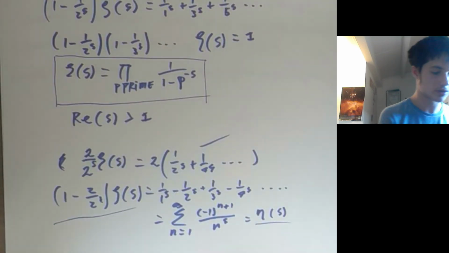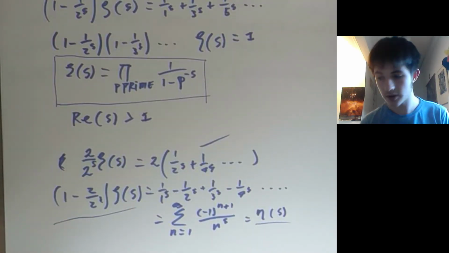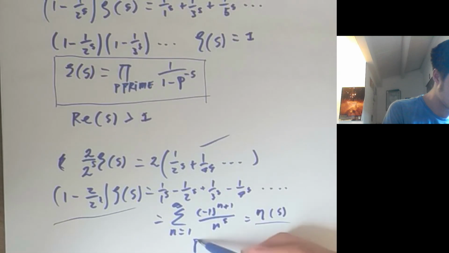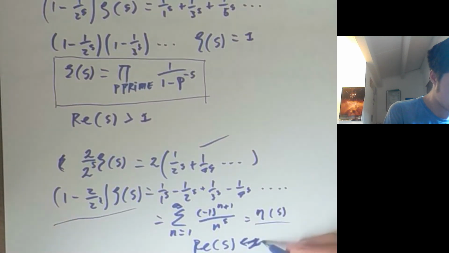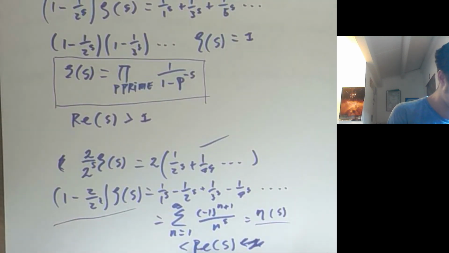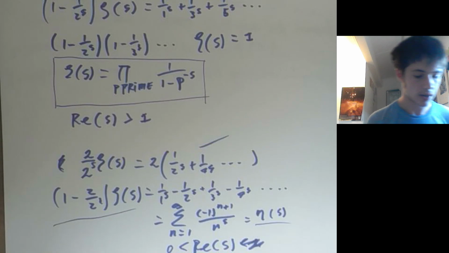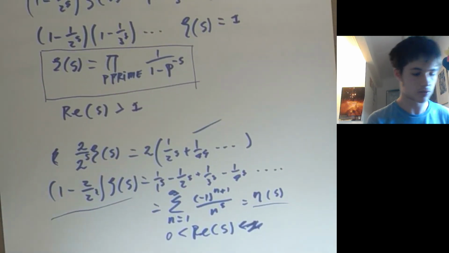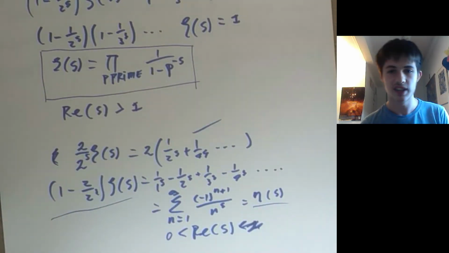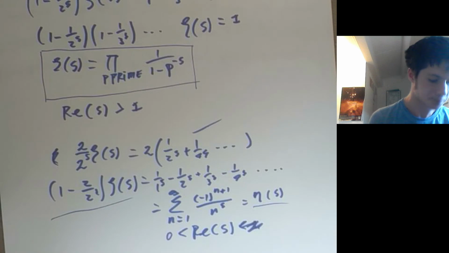If we know the eta function, we can calculate the zeta function, and the eta function is defined just for the real part of s being greater than 0, and we only needed it to be less than or equal to 1 because we already know the zeta function for the real part greater than 1.